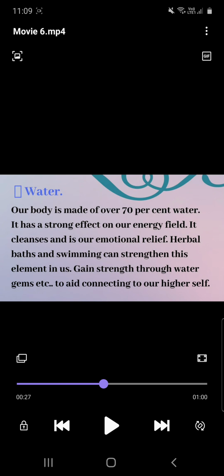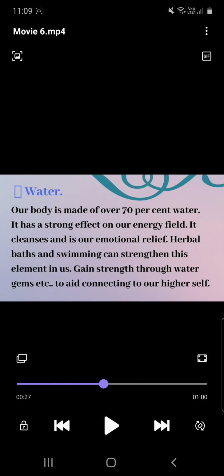Water. Obviously, our body is made up of over 70% water. It has a strong effect on our energy field. It cleanses and it gives us that emotional relief when it's needed. Now, herbal baths and swimming can strengthen this element.